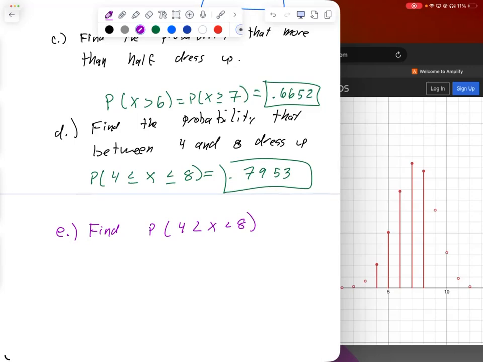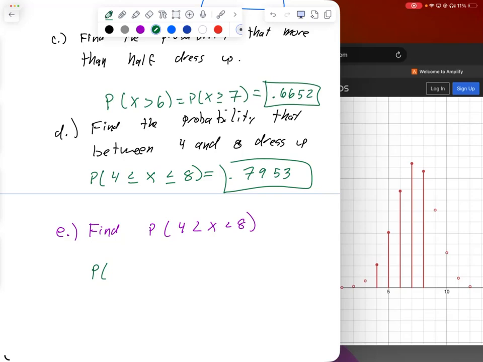We need to rewrite this with equalities. X greater than 4, we're going to change this to X greater than or equal to 5. And X less than 8, we're going to change that. What's less than 8? 7.